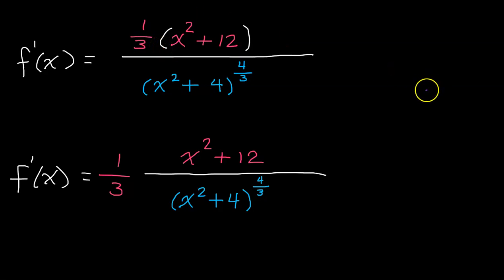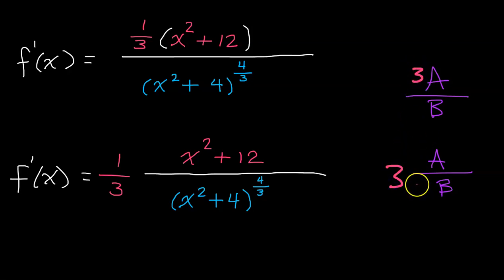For example, if I have a over b, and I'll just write it twice, it doesn't matter if I'm multiplying by the 3 in the front or if I put 3 in the numerator, both of these would be the same. So I'm choosing to put it in the front like this.